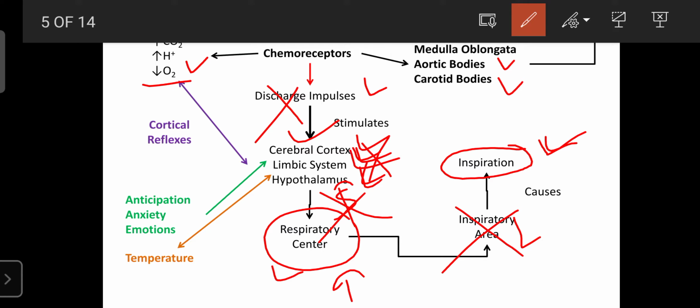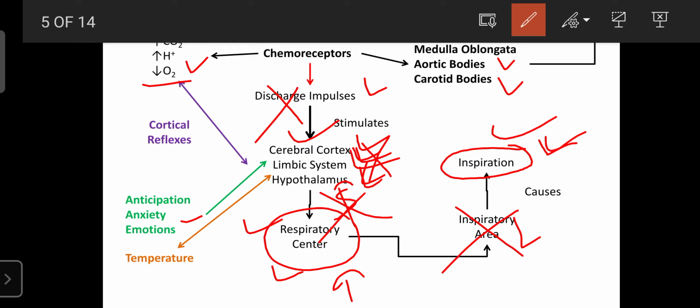When a person is anticipating or suffering from anxiety or emotional distress, the limbic system detects it and can correct the oxygen level in the body by sending stimulatory information to the respiratory center. The respiratory center then sends stimulatory information to the inspiratory area, and the inspiratory area increases inspiration. So the oxygen level can be corrected during anticipation, anxiety, and emotions by the limbic system.